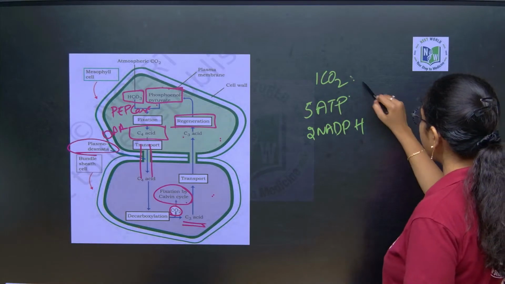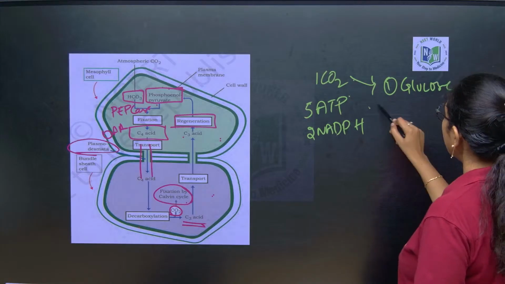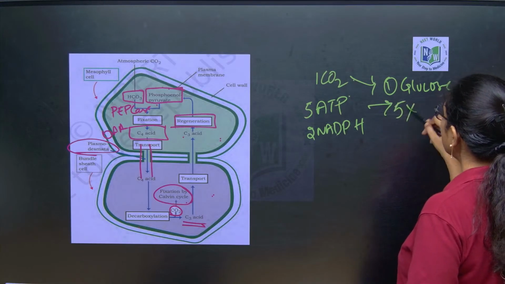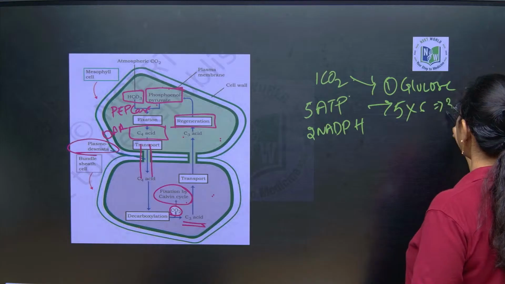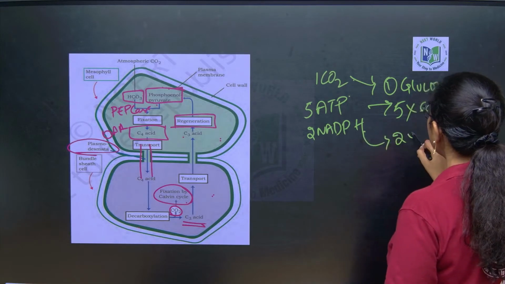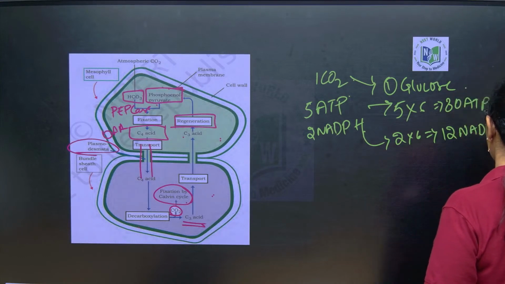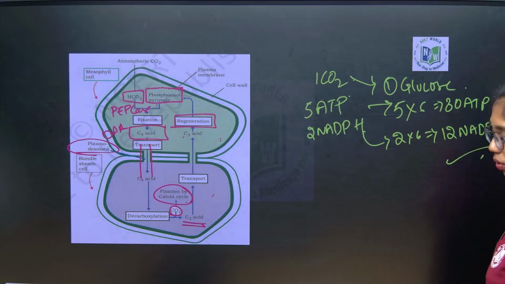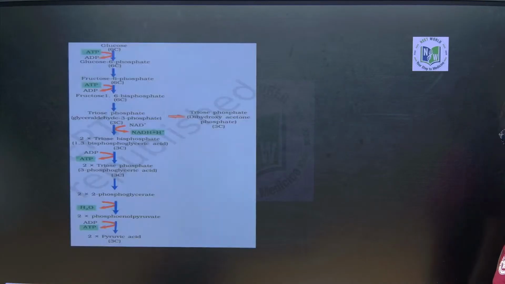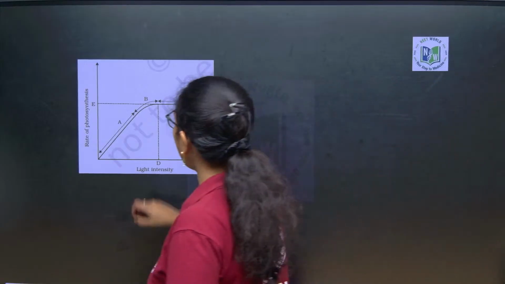For the formation of 1 glucose, it is 5 into 6, that is 30 ATP, and 2 into 6, that is 12 NADPH.